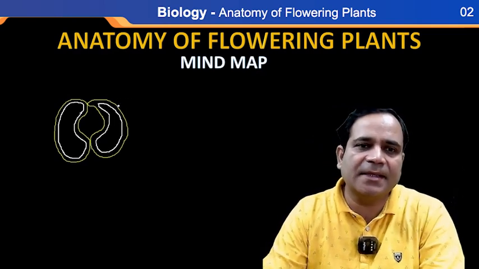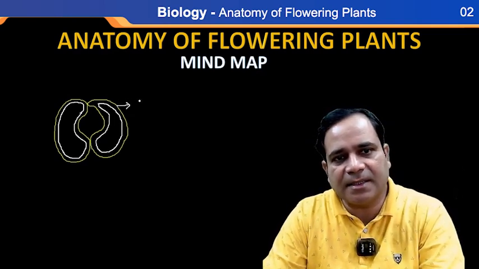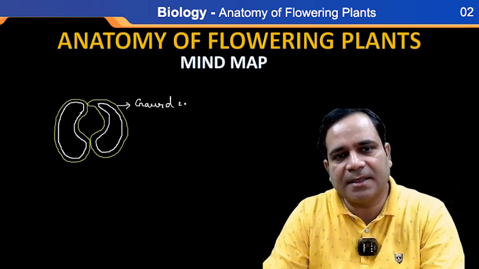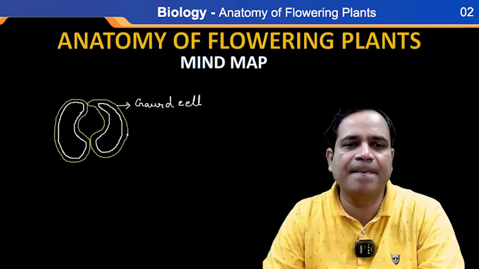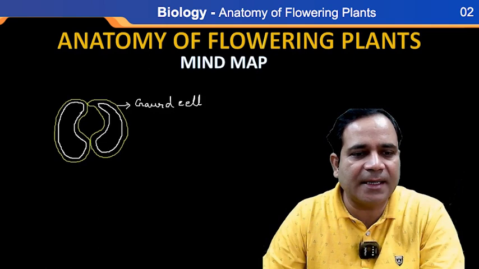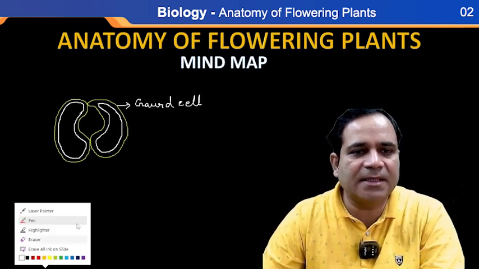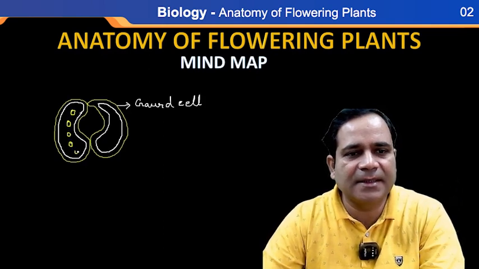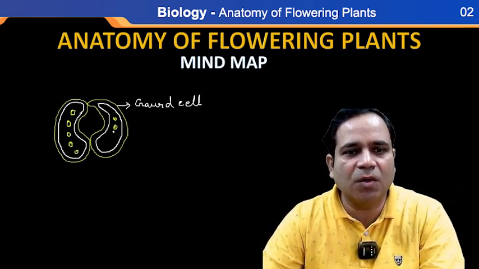So see, here the outer membrane is known as what? Guard cell. This one is guard cell, my dear. See what I'm saying? Guard cell. Clear? Double layered membrane. And inside this guard cell, containing what?